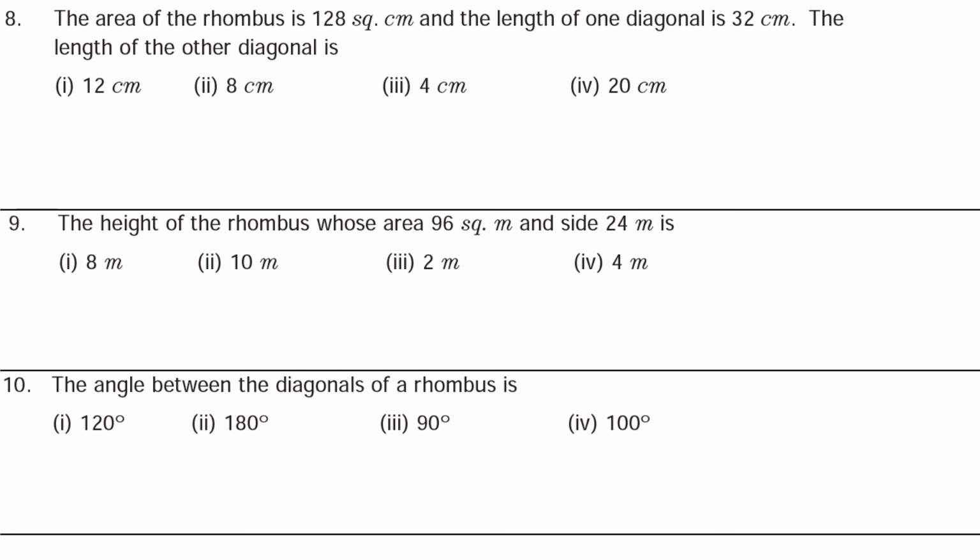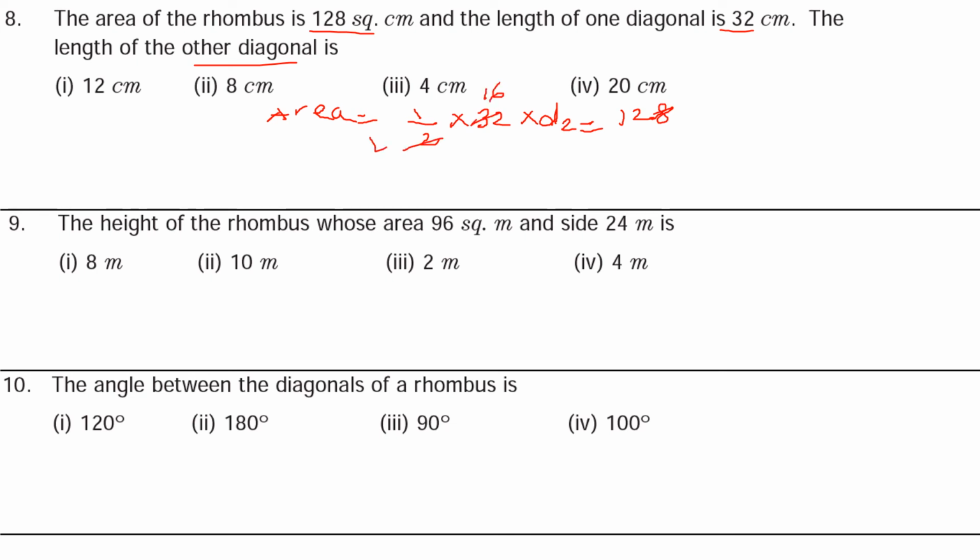Here area of the rhombus is given, length of one diagonal is given, we have to find the other diagonal. Therefore area equal to half into D1 into D2 square units. Therefore we write half into D1 32 and D2 we don't know, equal to 128. Here cancel it, 1 2 is 2, 1 2 is 2, 6 2s are 12.